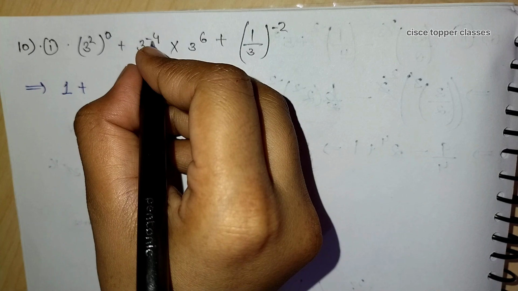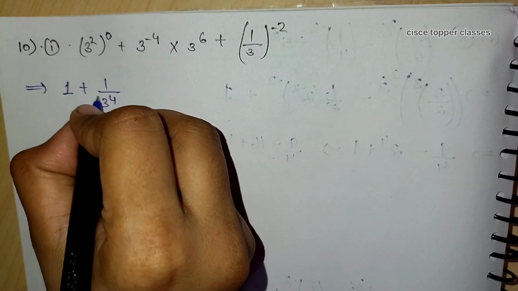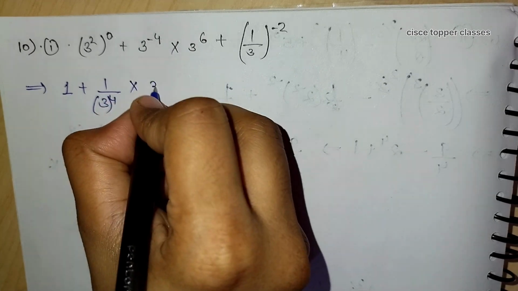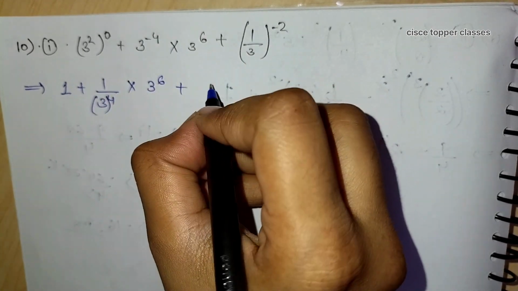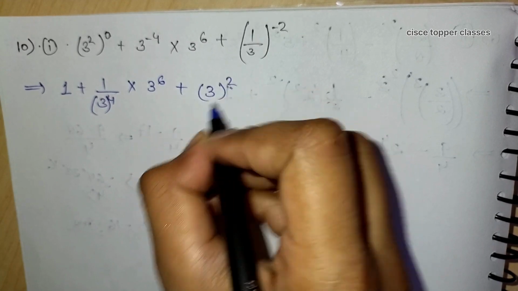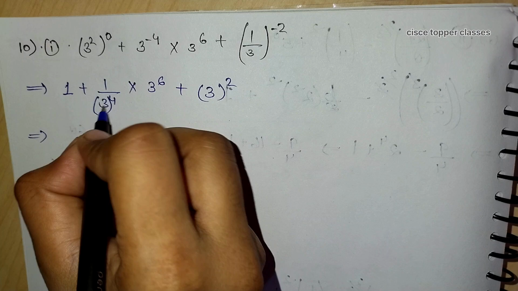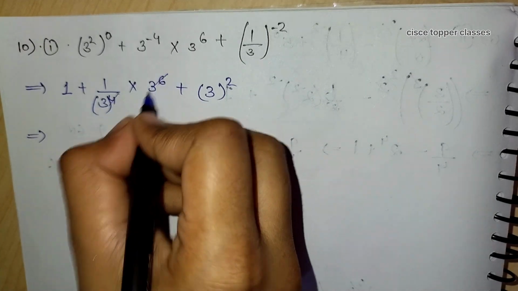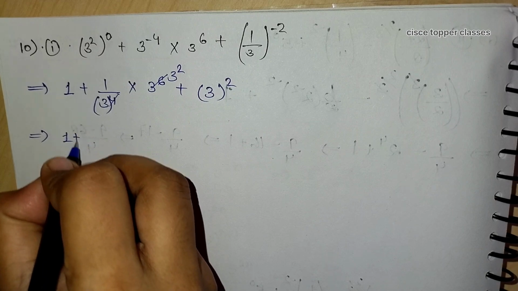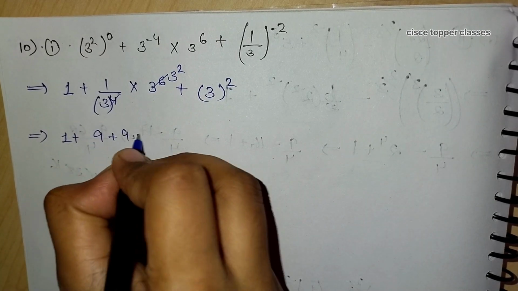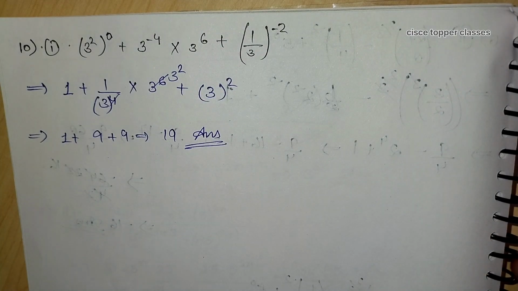So 3 to the power minus 4 we can take reciprocal here as 1 by 3 to the power 4 into 3 to the power 6 plus here also we can take reciprocal to remove minus from here, so it will be 3 squared. Now we can simply cancel out here 3 to the power 4 and 3 to the power 6, so it will be 3 to the power 2 only. So 1 plus 9 plus 9 will be equal to 19 as the final answer in the 10th first part.